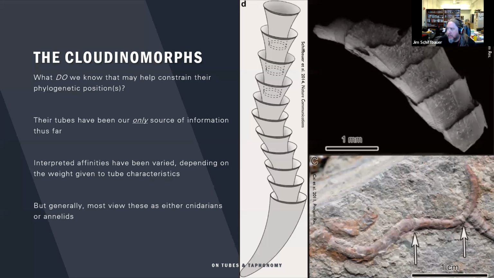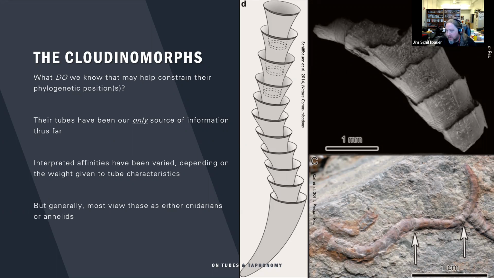So let's get into what they are. This is where a lot of my work really lies these days. And the big thing is, to this point, everything that we know about the cloudinids, about the cloudinomorphs more broadly, has come from their tubes because soft tissues are not typically found.